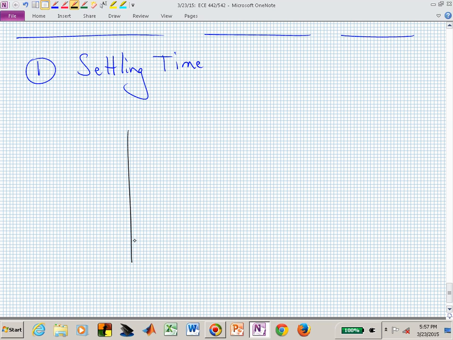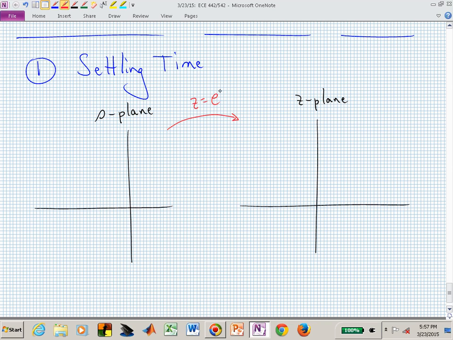And we can go from what we know, which is the s-plane, into the z-plane. And we're going to make that connection via z equals e to the sT.